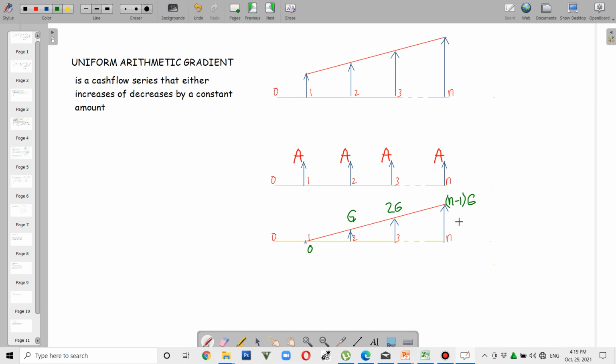I have sent you a video prior to this that derived the formula for the gradient.